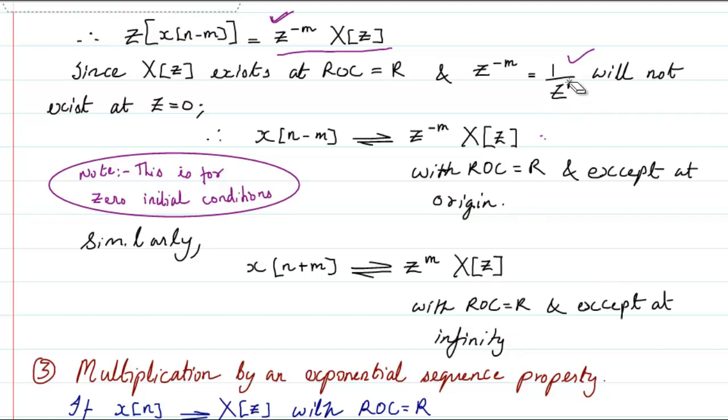Now here, see, I have written something, that is, this is for the zero initial condition. That means I want you to write what will happen with initial condition.